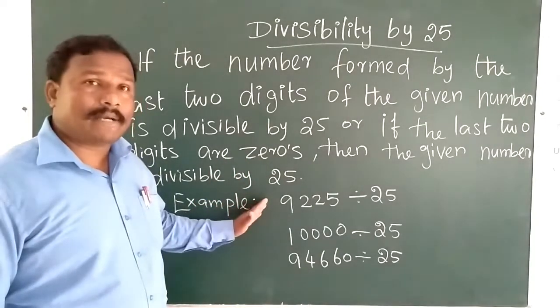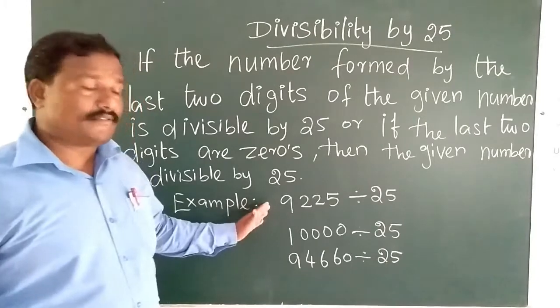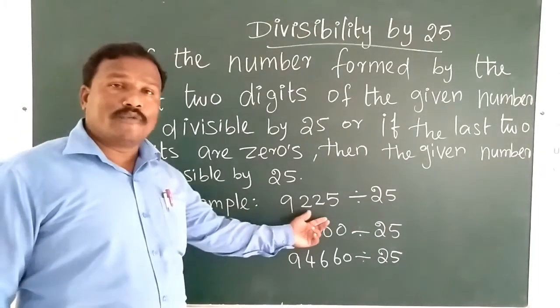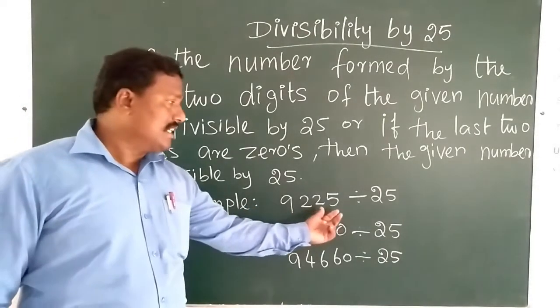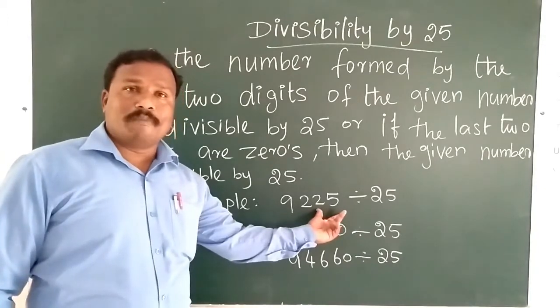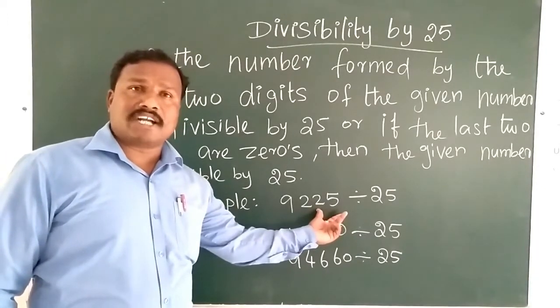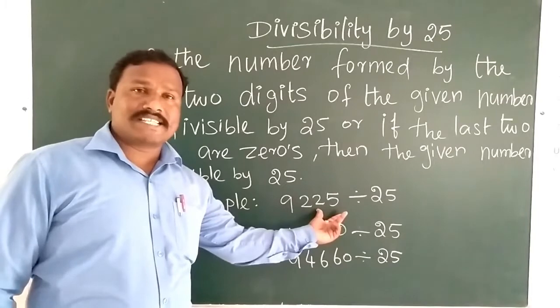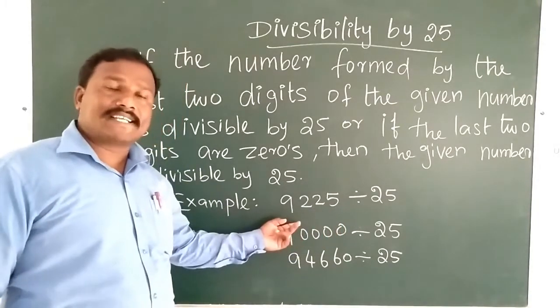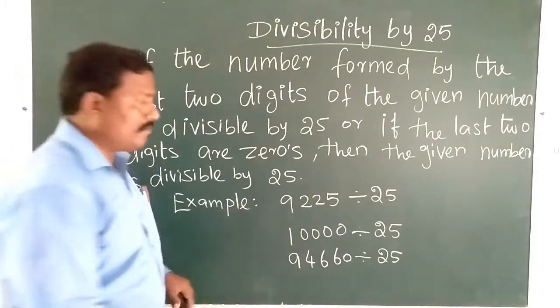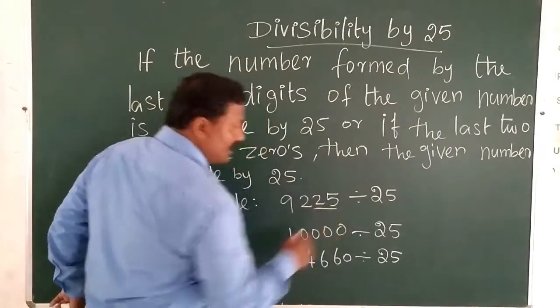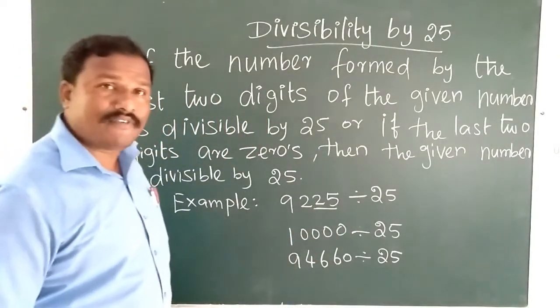Let me take some examples, then you can understand. 9225. As per the first rule, the last two digits are 25. So the whole number can be divisible by 25 because the last two digits are 25.